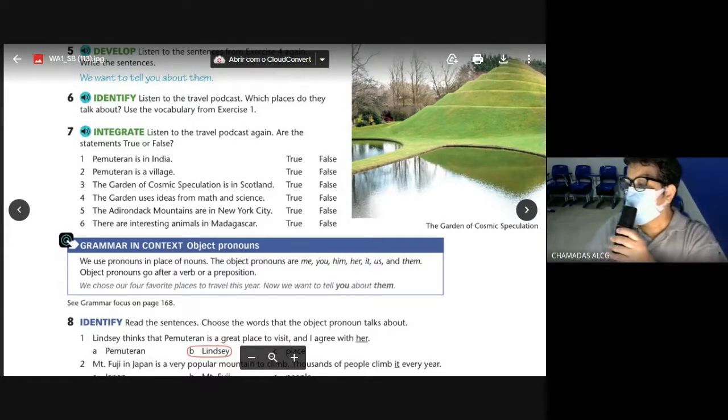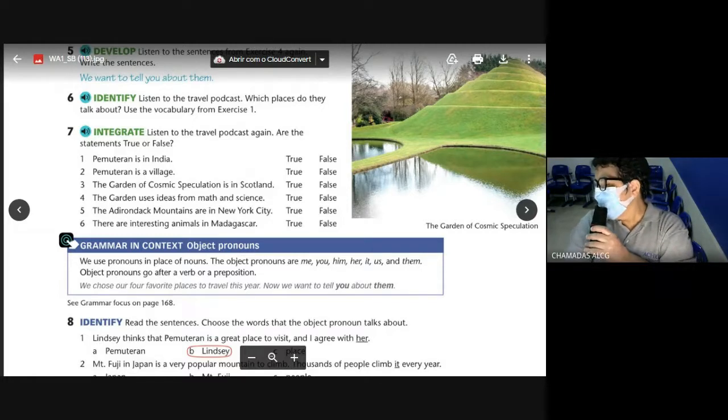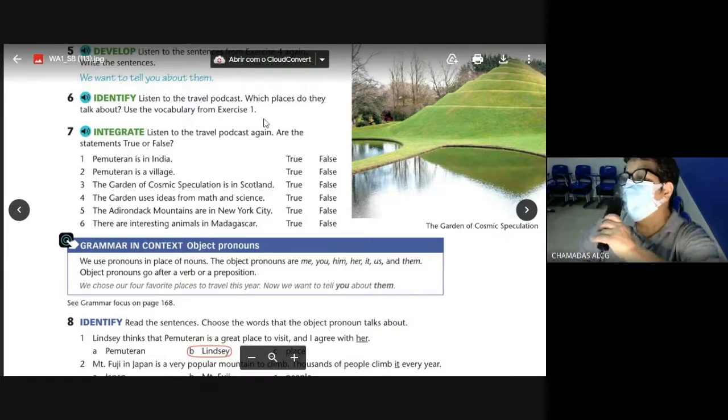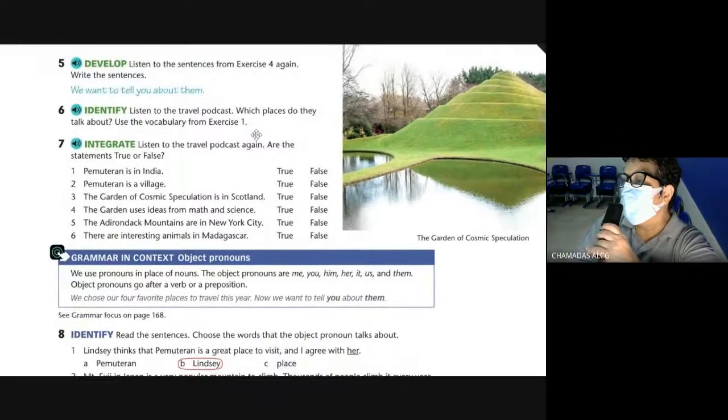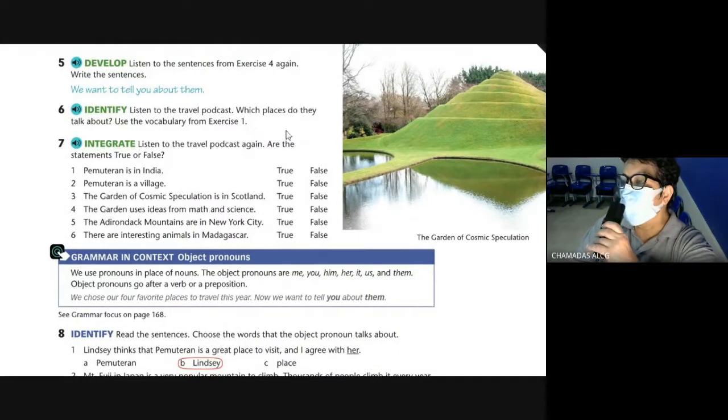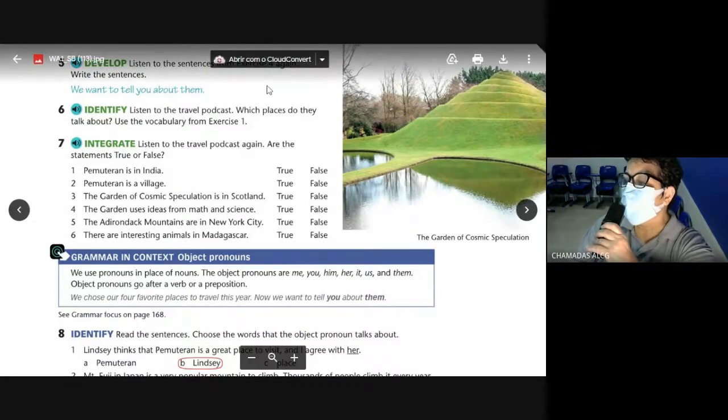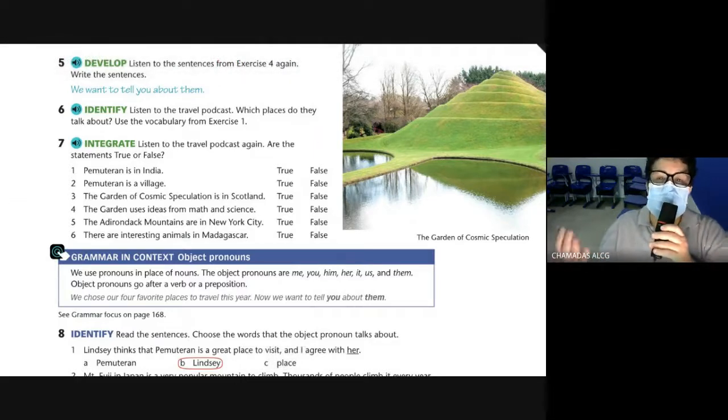Okay, guys, can you see the page? All right. Okay, people. So here on page 113, unit 10.1, remember, unit 10 talks about adventure, places to go to have adventure.